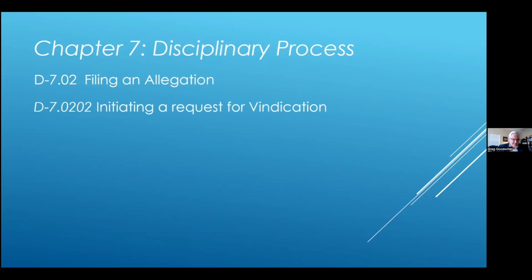Okay. Prior to the last revision of the rules of discipline, which was in 1995, vindication was part of the disciplinary process. From 1995 on, in the rules of discipline, there was a separate chapter on vindication requests.